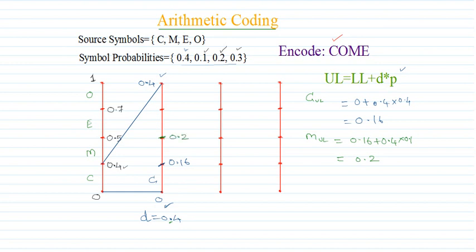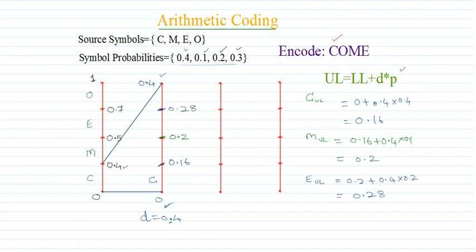Then I have to find this limit, that is E's upper limit. It is equal to the lower limit 0.2 plus D, which is 0.4, into the probability of E, that is 0.2. If you simplify this, you get 0.28. I enter 0.28 here.